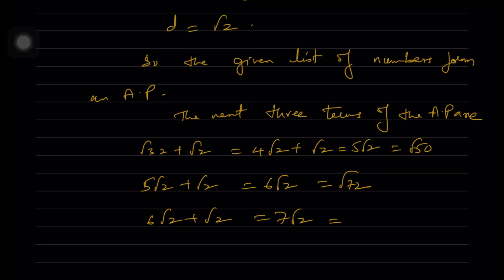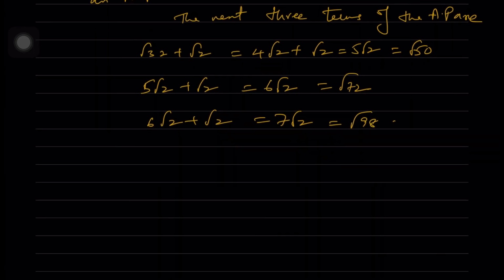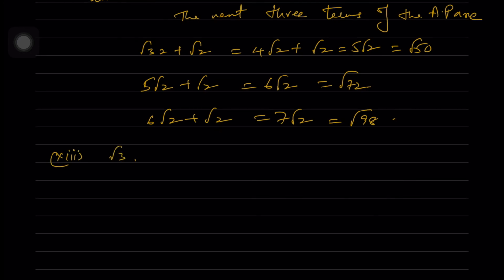Then 5 root 2 plus root 2, which is equal to 6 root 2, which is equal to root 72. Then we have 6 root 2 plus root 2, which is 7 root 2, which is equal to root 98. So the next three terms are root 50, root 72, root 98.